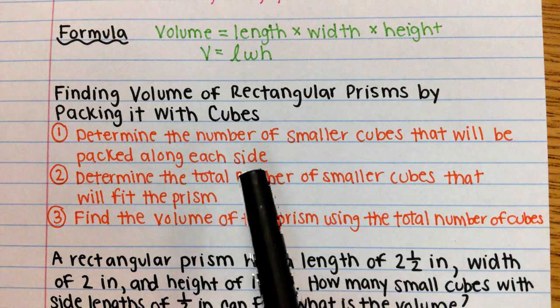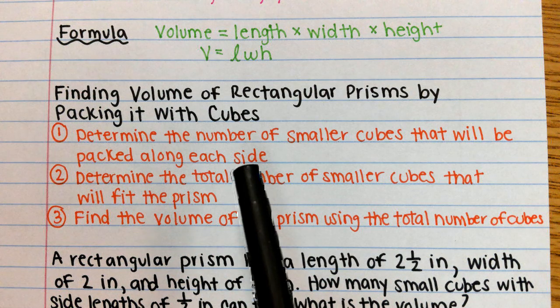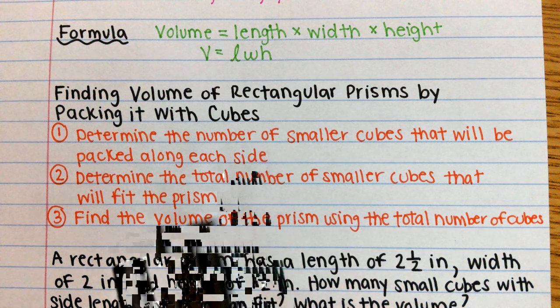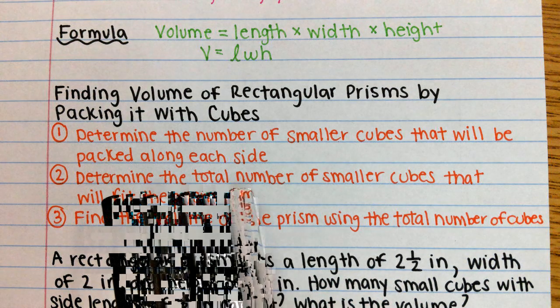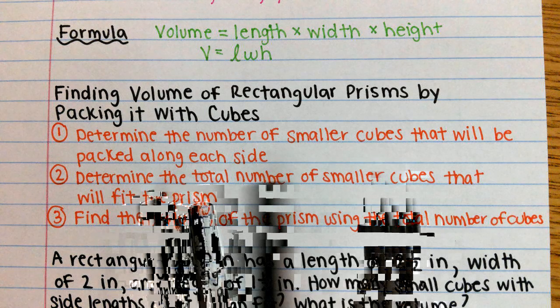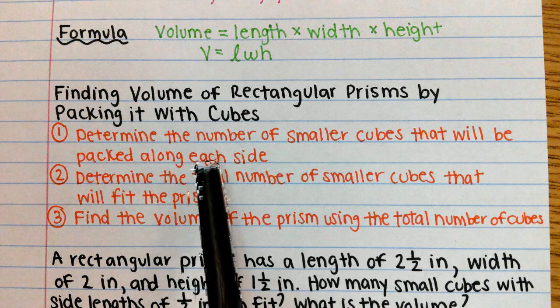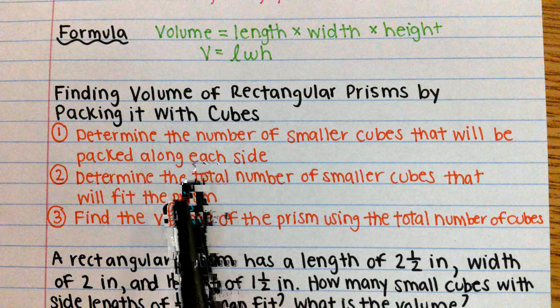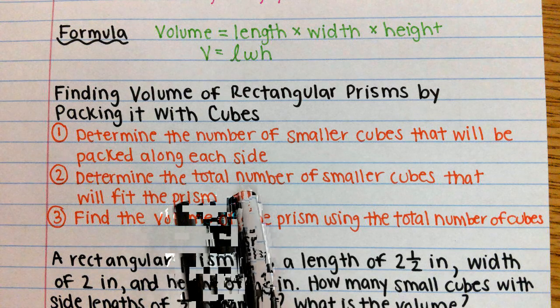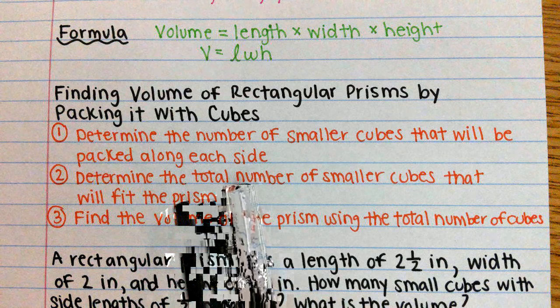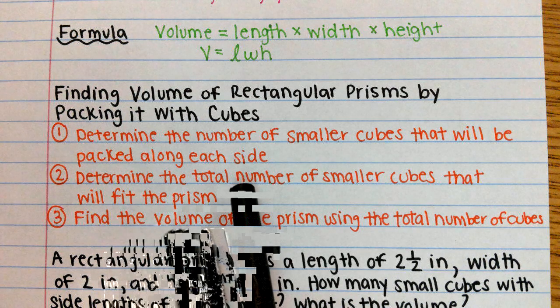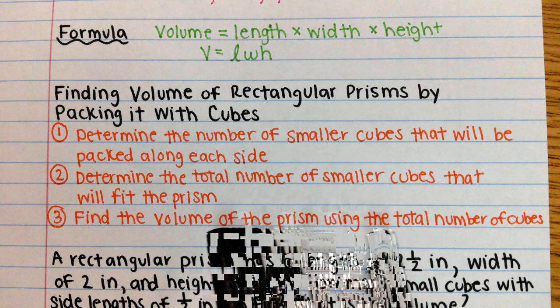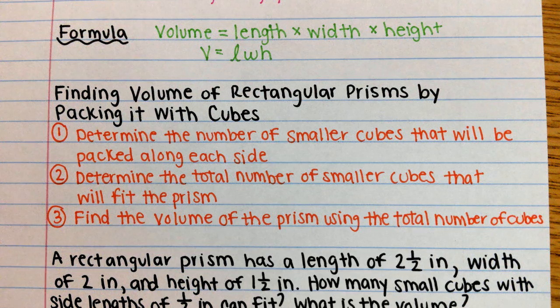So you need to see how many of those cubes fit in the length, width, and the height. Then you're going to determine the total number of smaller cubes that will fit the prism. Once you figure out how many fit in each side, you'll take those three numbers for length, width, and height and multiply them together. That'll get you the total number of cubes. Third step is just to find the volume of the prism using the total number of cubes. So you just have to do your length times width times height.